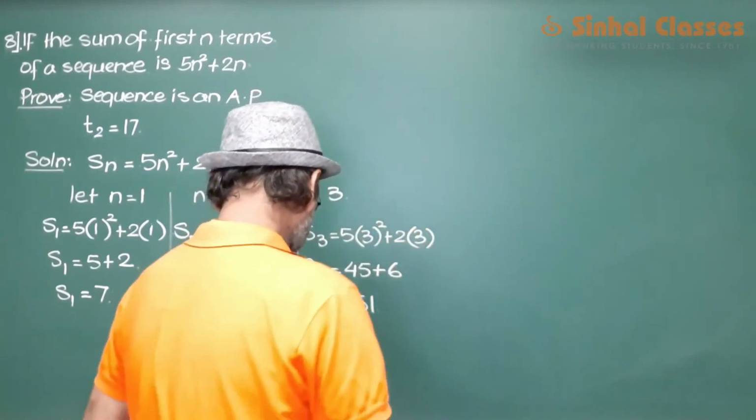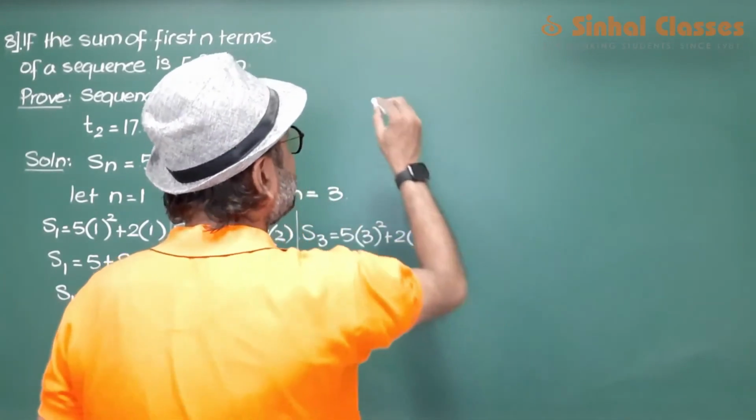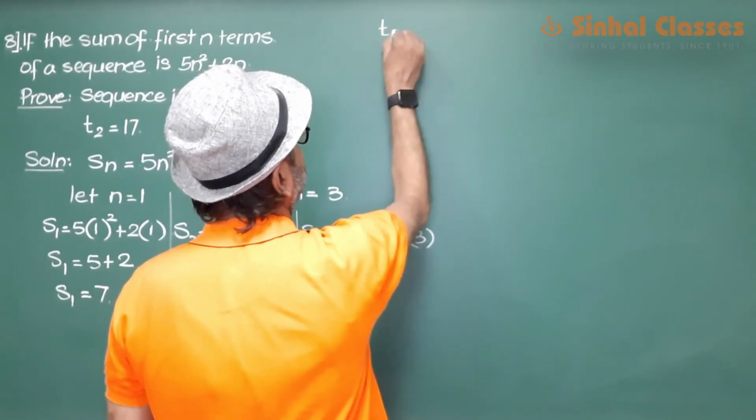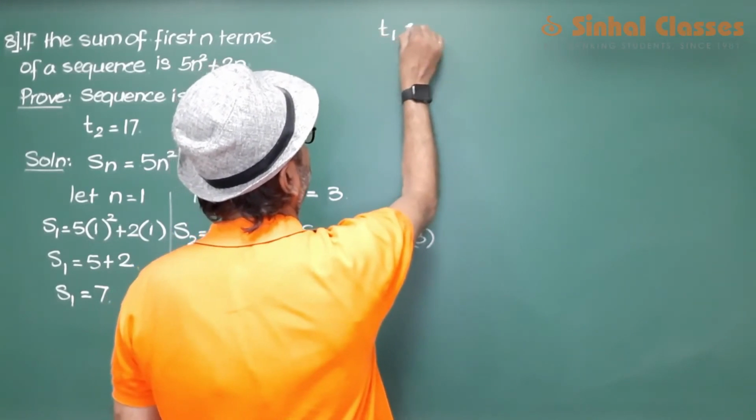So let us try to find out T1. This is what I have already explained to you during my lecture sessions and am repeating. In an AP, T1 is equal to S1. So T1 equals S1 is equal to 7.